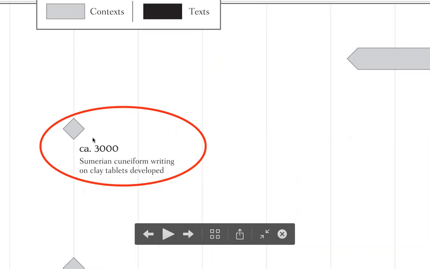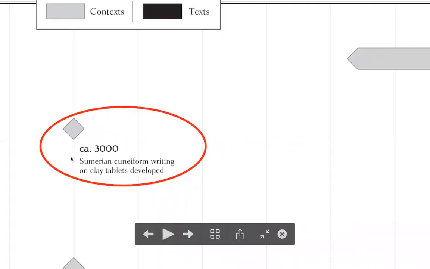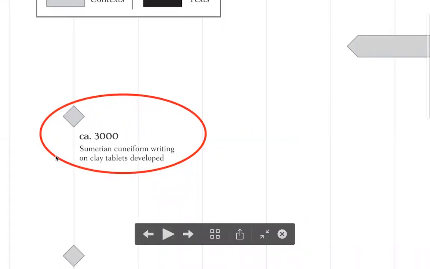So an important context for us is the appearance, circa 3000 BCE, of Sumerian cuneiform writing. That's how you pronounce it, cuneiform writing. I'll show you what it looks like in a moment, but this is one of the earliest forms of human writing in terms of communication.